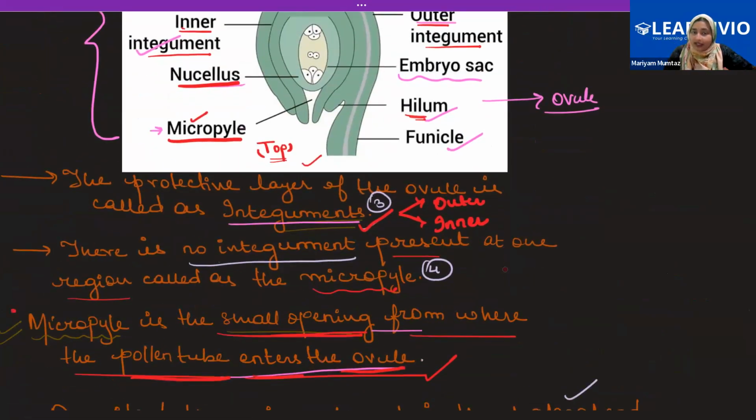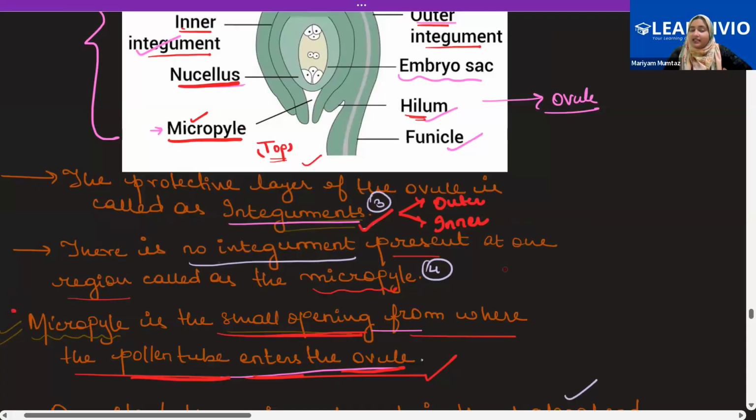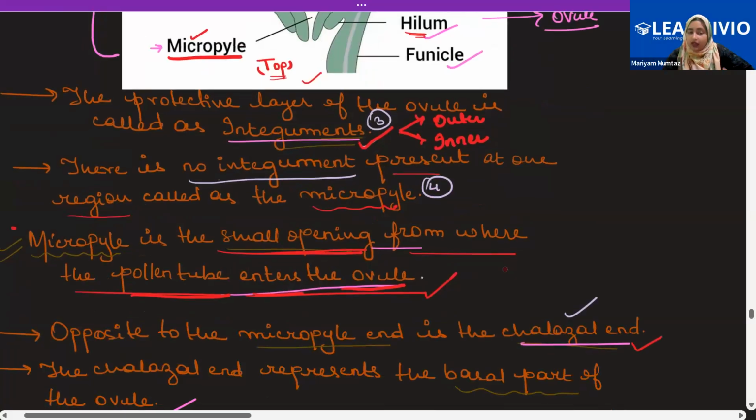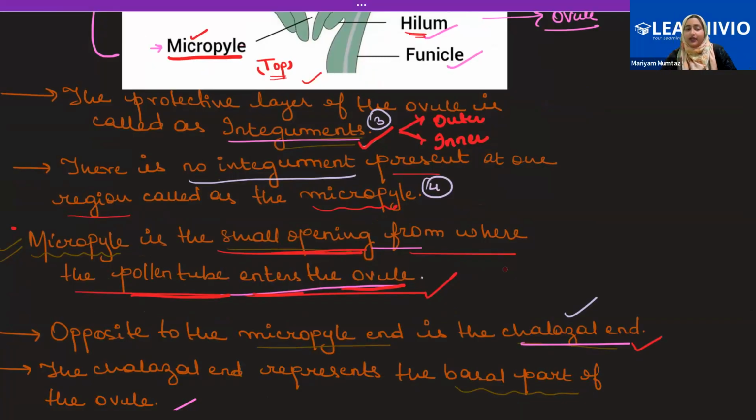But there is one place where the integument is absent, and that place is called the micropyle. The micropyle is that small opening that goes inside the ovule and helps the pollen tube to go. Don't think about the pollen tube right now, I will teach you later on. But remember that the part where the integument is not present is the micropyle.